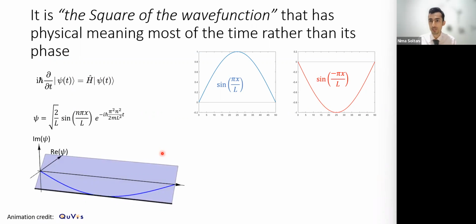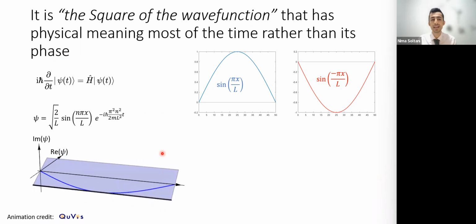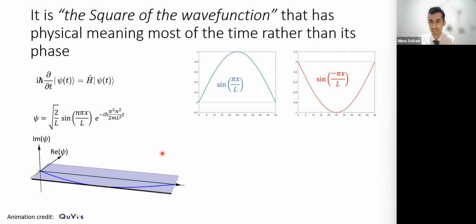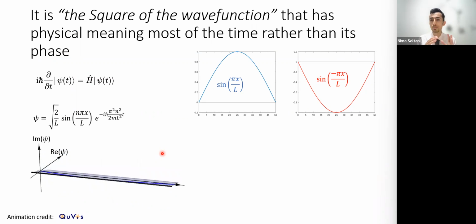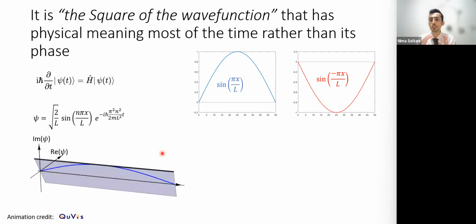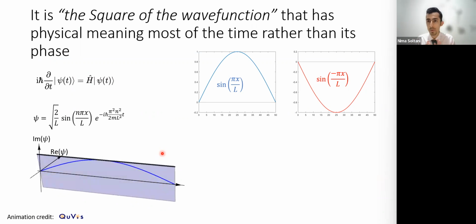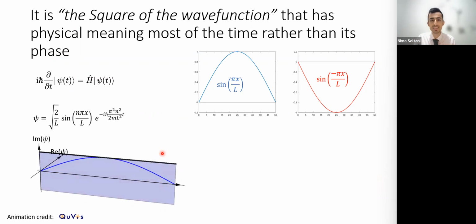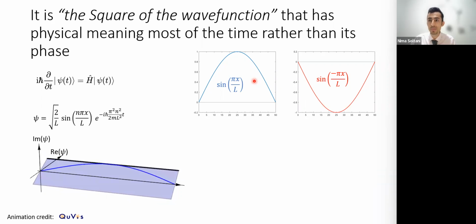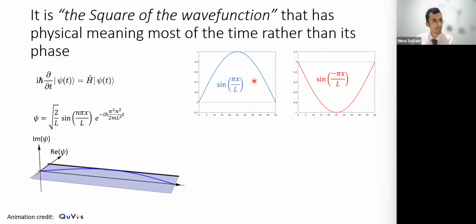If you actually solve the time dependent Schrodinger equation, you will understand that both of them belong to the same state and they are just in different phases. So the only difference between these two figures is their phases. They're out of phase with each other, but they belong to the same state.